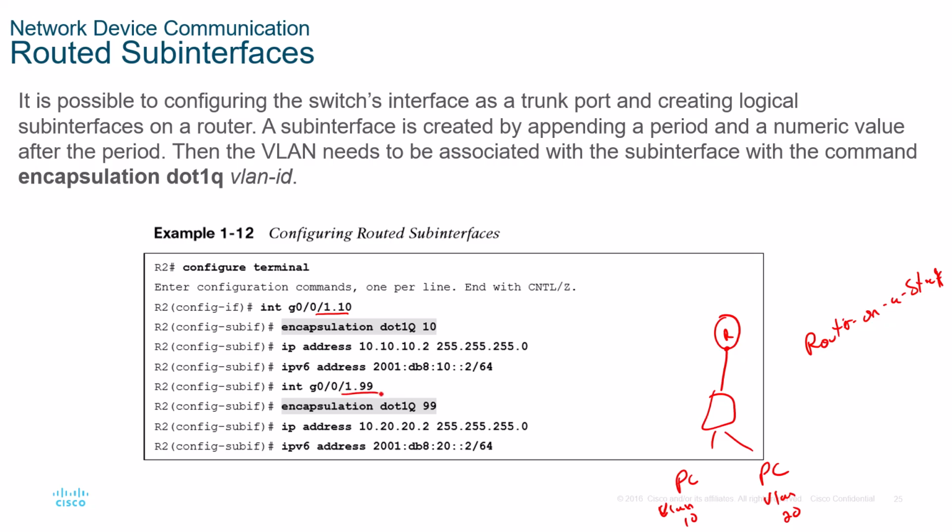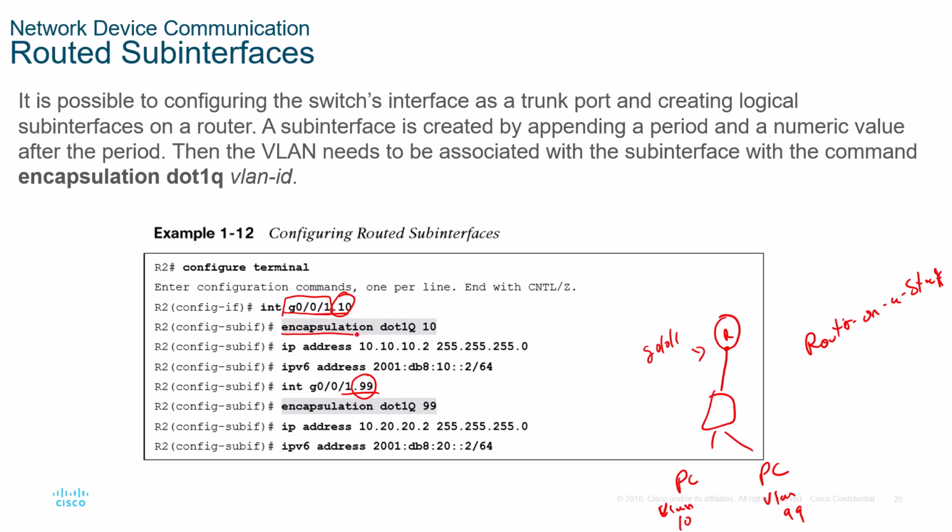Here are the two; in this example, I'm going to change these to 10 and 99. This interface, which would be gig 0/0/1, because that's the parent interface right there. Then we provide a virtual exit point with a sub-interface. So we say 0.10, 0.99. They should normally match the VLAN number. They don't have to, but they should to keep things less confusing. That is just used to identify them.